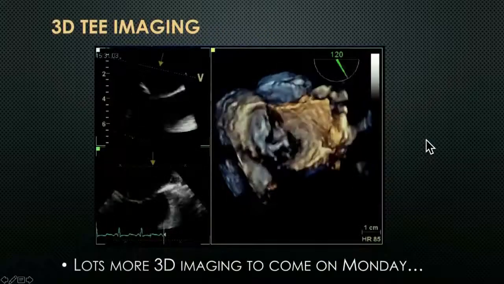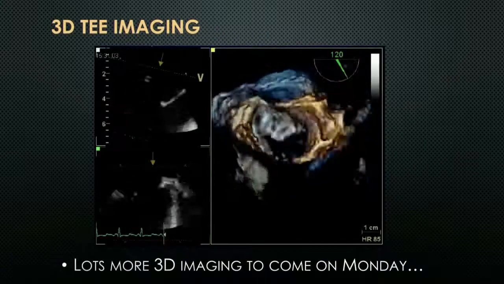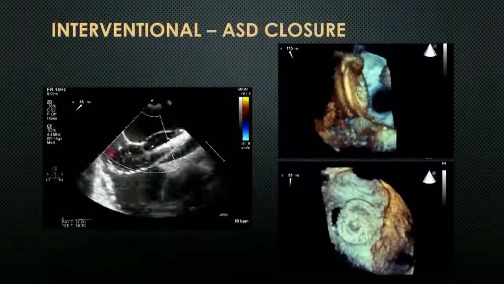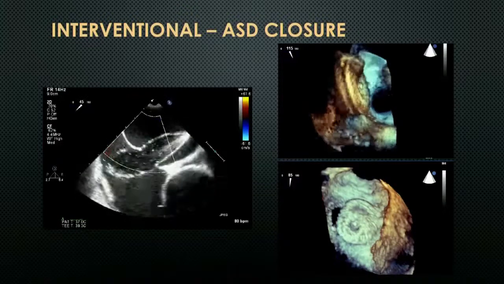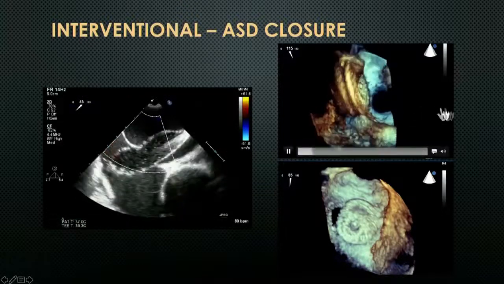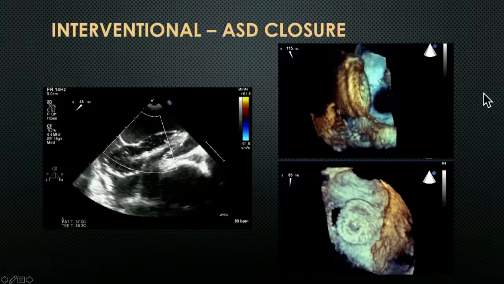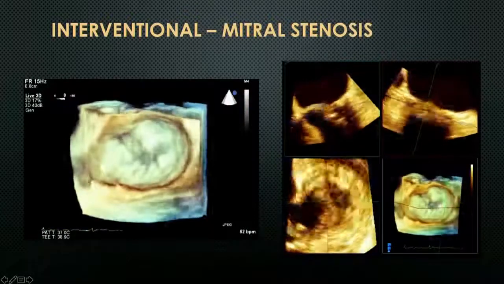And then again, for 3D TEE imaging, I'm going to leave more to the interventional talk and to the other lectures, but be aware that in interventional echo, ASD closures, both for sizing of the device and after placement of the device, both 2D and 3D TEE imaging is useful.